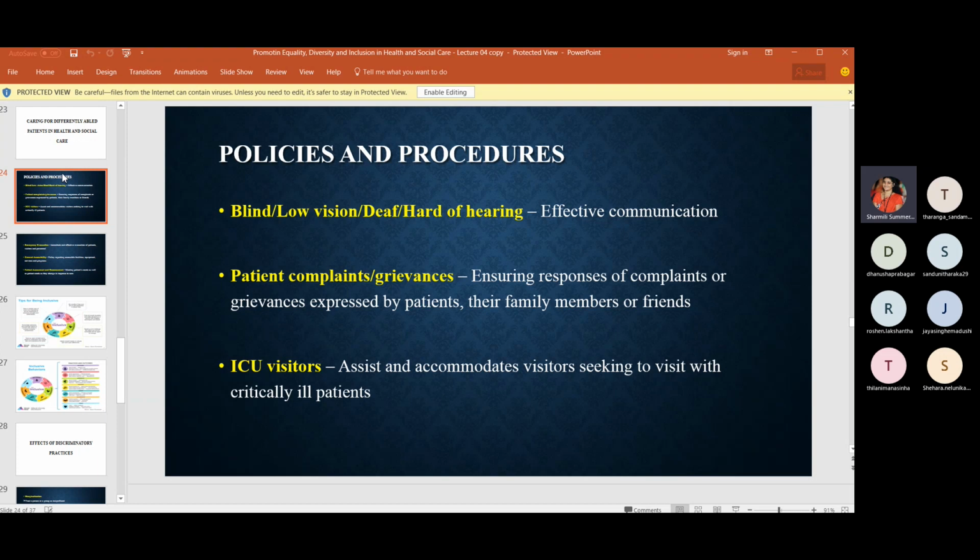ICU visitors. ICU means intensive care unit. Normally we admit very critically ill patients to the ICU, and we do not allow everyone to enter the ICU because it is very sterile and very hygienic.